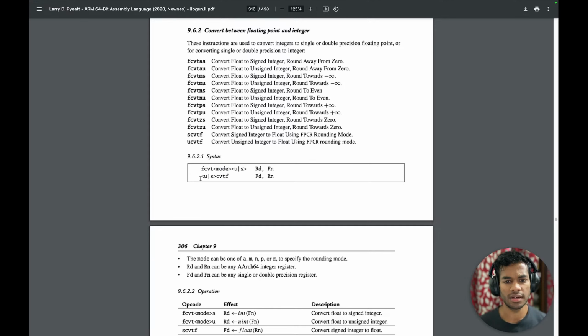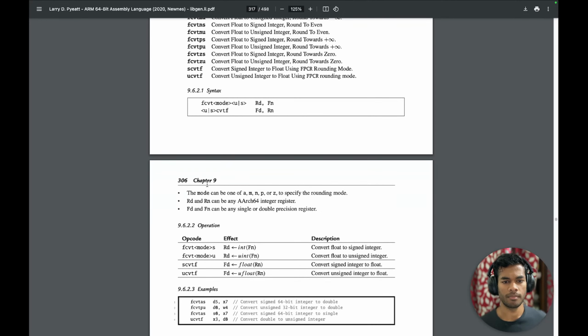And this is the format: signed or unsigned convert to float, and float convert to the mode and signed or unsigned. Okay, the mode can be one of A, that is away from 0, M minus infinity, N even, P positive infinity, and Z 0, to specify the rounding mode.